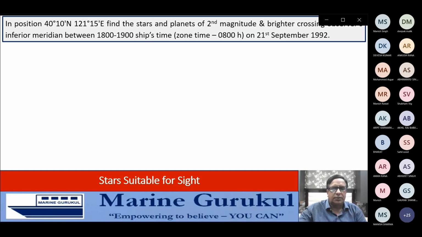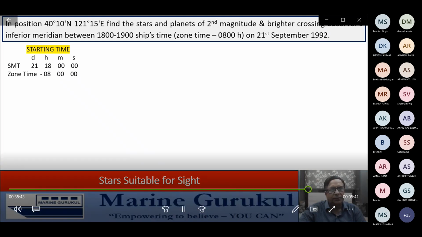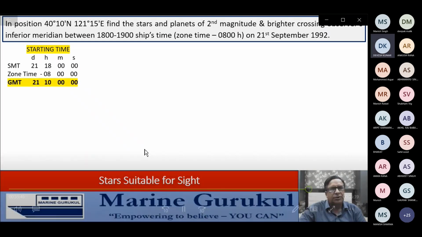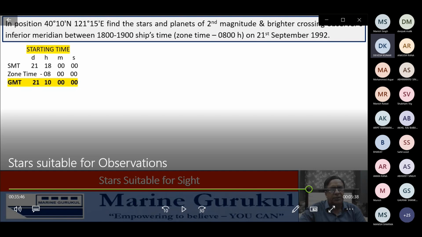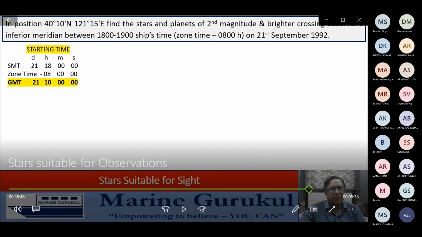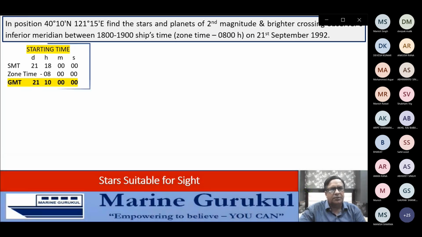So first we get the GMT at the commencement of the interval, and you can see the SMT is 21 day 18 hours. Take 10 hours and we get GMT at the commencement of the interval.